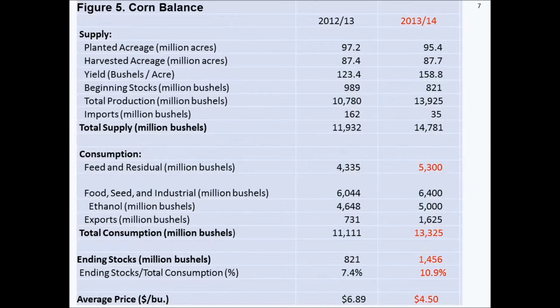I show on this graph the previous 4 years where we see feed and residual use during the first half of the year accounting for the lion's share of consumption, averaging 74% of total marketing year use that occurred during the first half of the year.